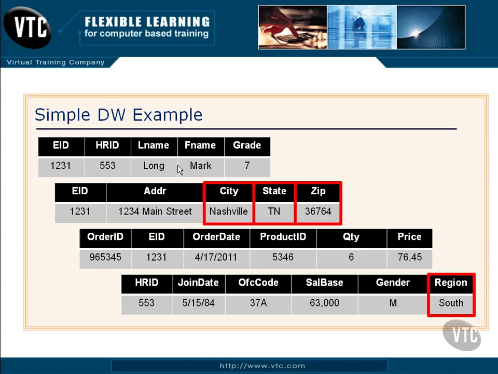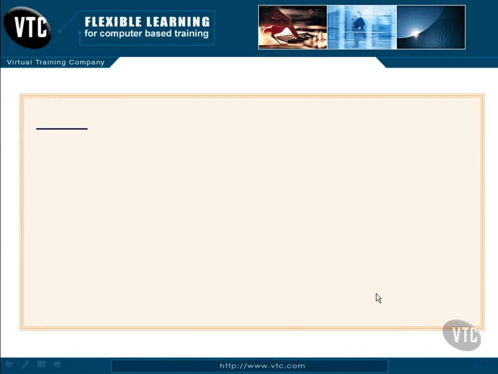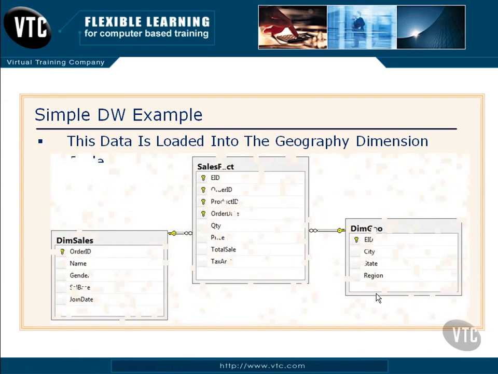We'll also grab the zip code there and even the office code. So notice we can look all over our database and find other data that we now want to relate differently for the purposes of reporting. And where this information was in different tables in the OLTP, we're now going to lump it all together in a dimension table out here in our geography dimension.